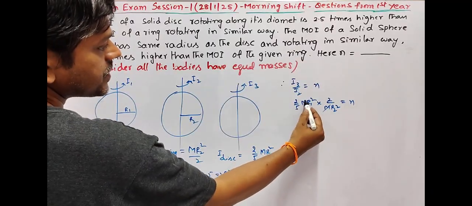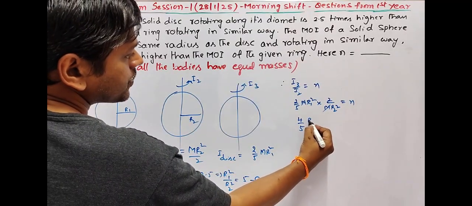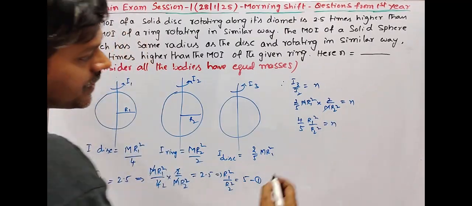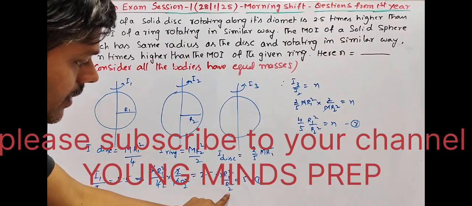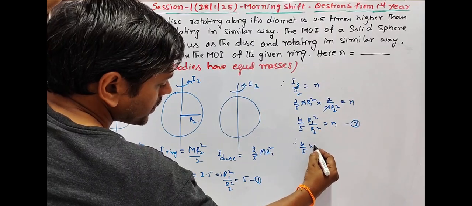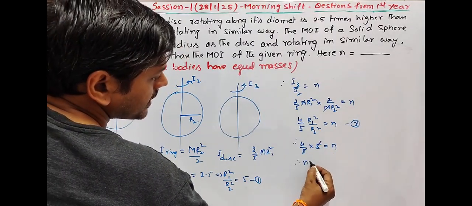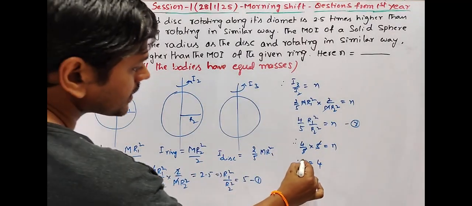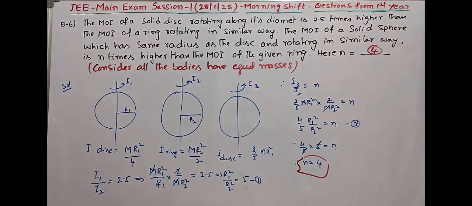To see this, M is cancelled. 2 into 2 is 4, so 4 by 5 into R1 square by R2 square is equal to n. This is equation 2. But you know from equation 1 that R1 square by R2 square equals 5. Therefore 4 by 5 into 5 is equal to n. This 5 is cancelled. Therefore n is equal to 4. So 4 is the answer for this question. Okay, right.